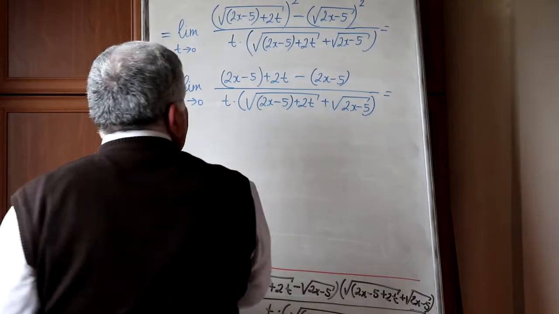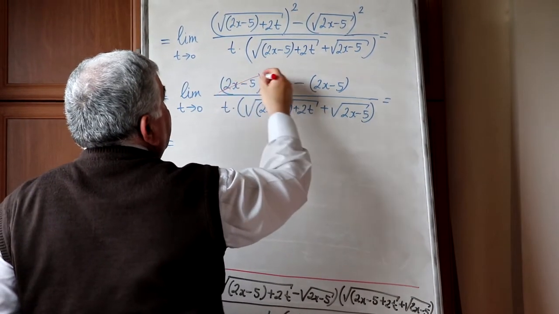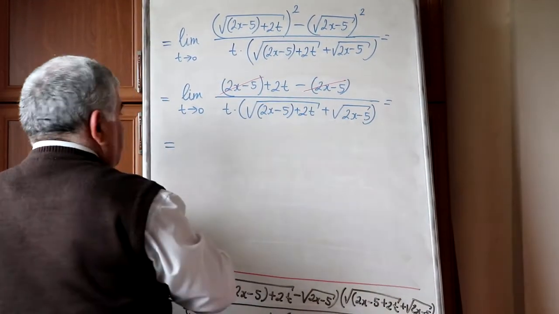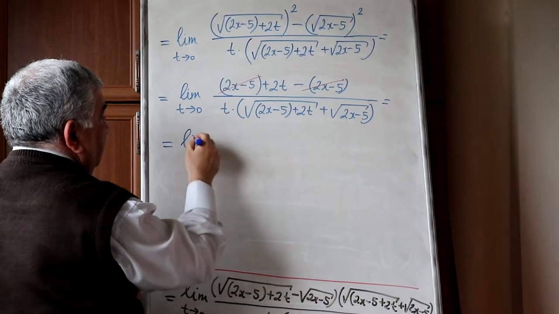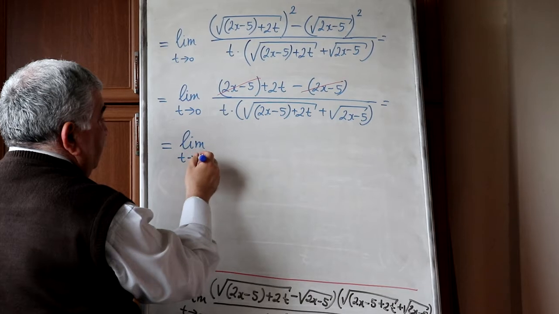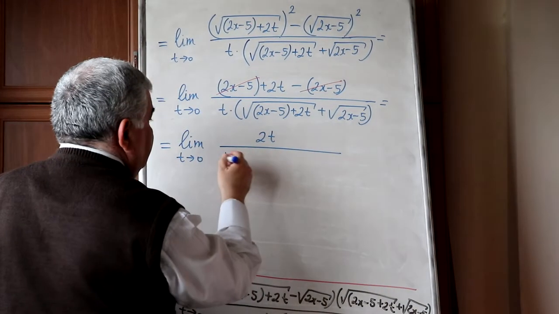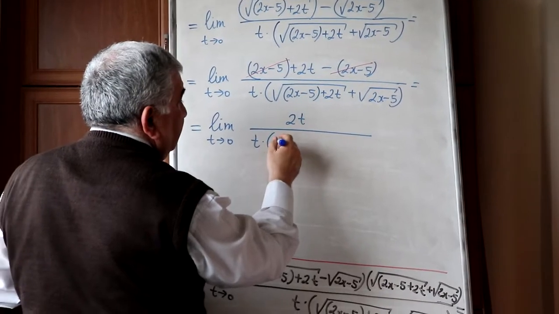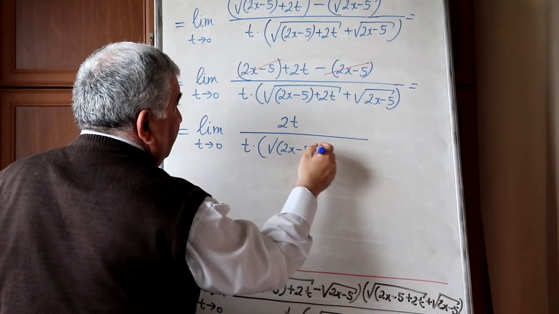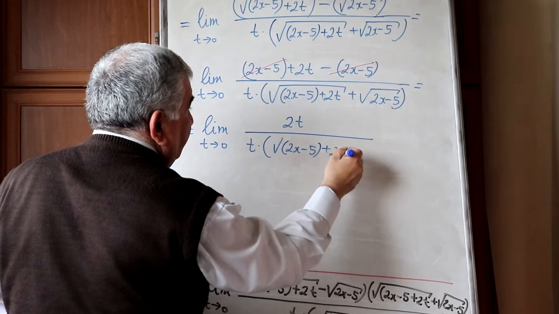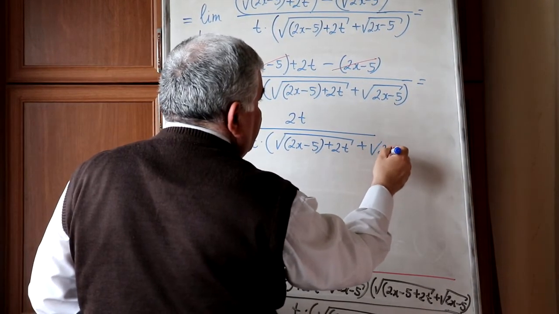Here the 2x minus 5 and minus 2x minus 5 are deleted. Then we have only 2t in the numerator. Limit when t tends to 0, 2t over t multiplied by square root of 2x minus 5 plus 2t plus square root of 2x minus 5.